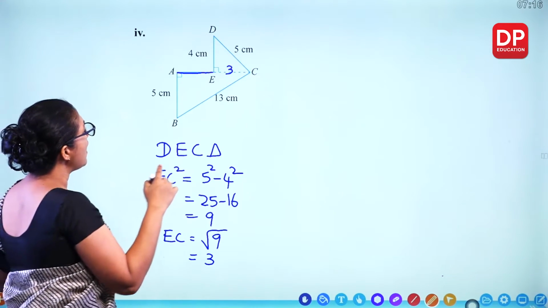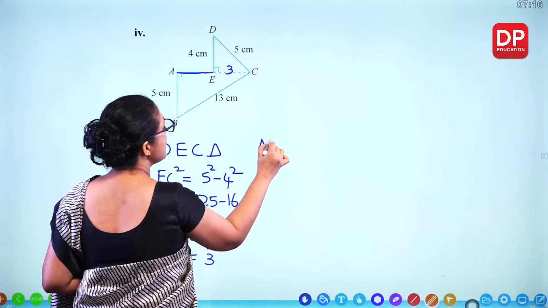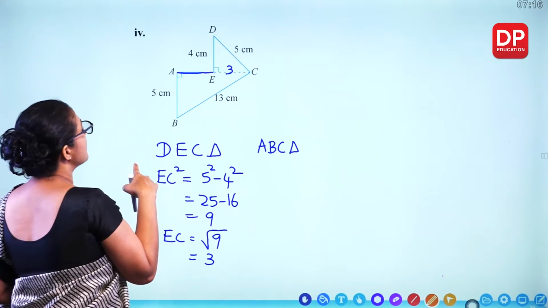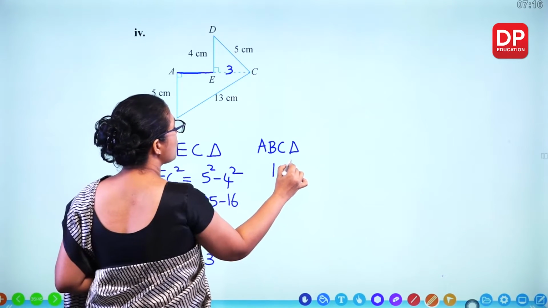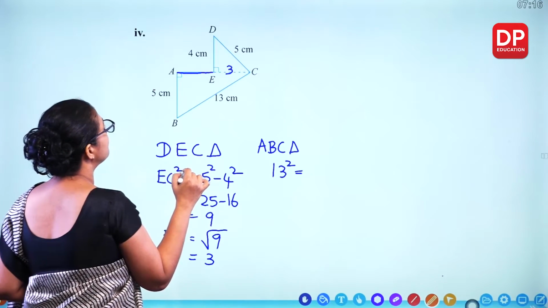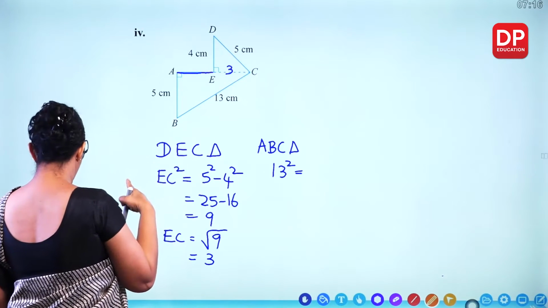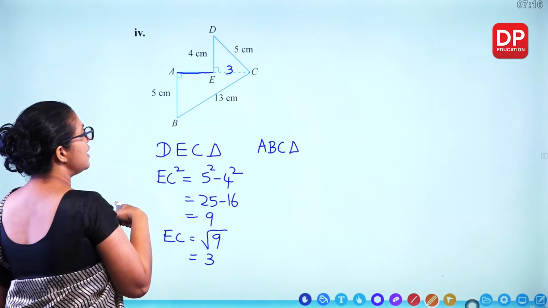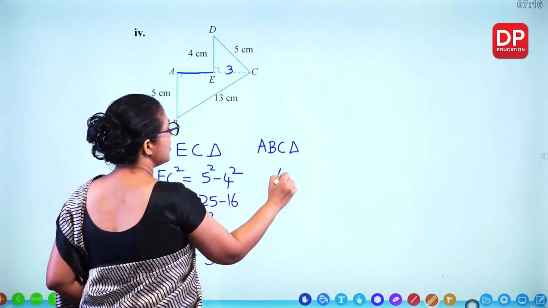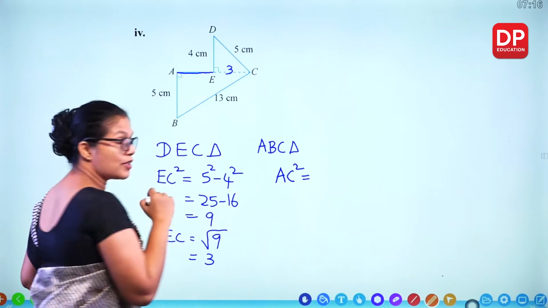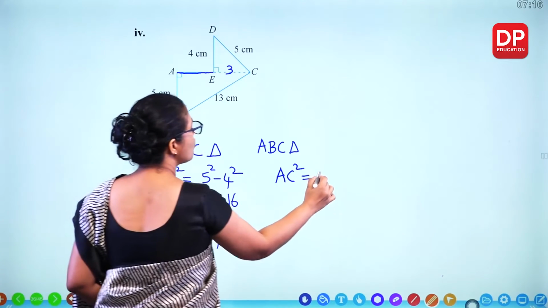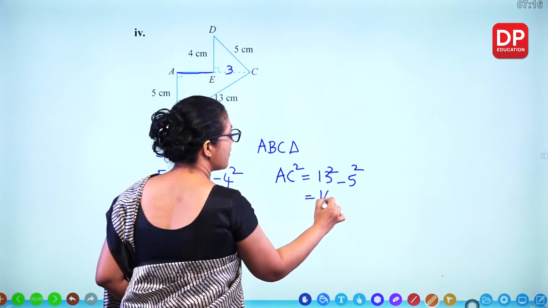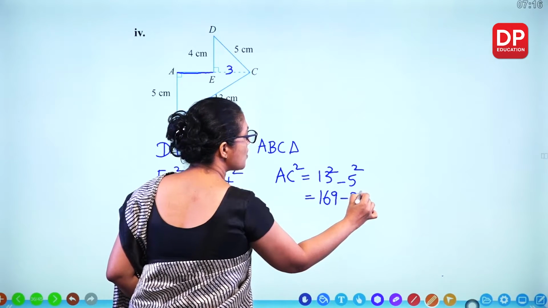Now to the big triangle ABC, you can use Pythagoras theorem. Or you can straight away write down what we need. We need AC. So AC squared is equal to 13 squared minus 5 squared. 13 squared is 169 minus 25.